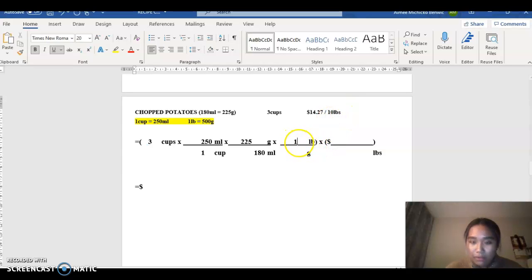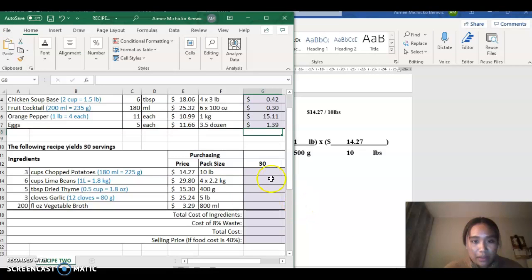In 1 pound there are 500 grams, and for the price, just copy $14.27 per 10 pounds. After calculating that, that gives us $2.68.